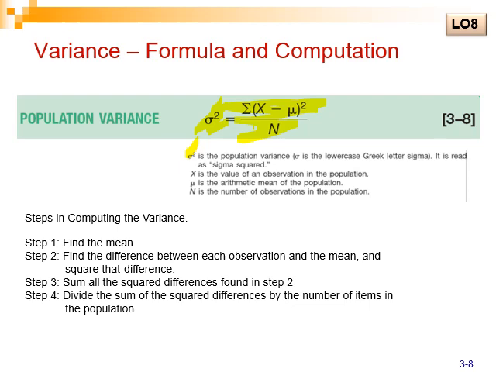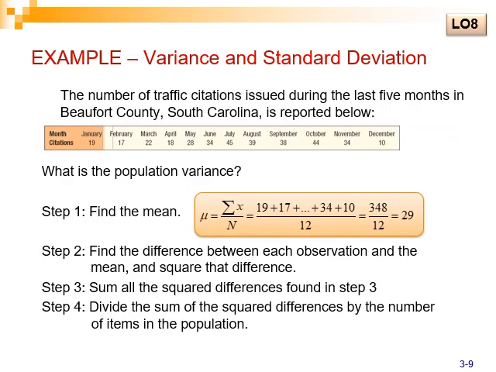Let's take an example to show this. The number of traffic citations issued during the last 12 months in the county of South California is reported below, and the data is presented in this table. What is the population variance?